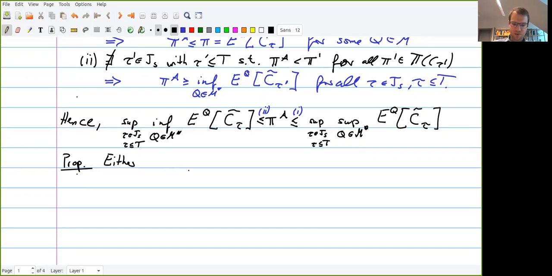If I have an American option, so I have either that my set of arbitrage-free prices consists of exactly one element, right? This is the case we have seen if we have a complete market. So if a complete market, I know there's exactly one arbitrage-free price of the American option C. So this might happen because, well, we are not excluding complete markets if we consider incomplete markets.